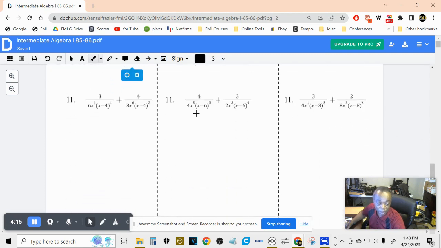All right, number 11. All right, for the LCD, first, my numbers. I have a 6 and a 3. My 6 times tables would go 6, 12, and 18. But 6 is the very first number that aligns in the 3 times tables too. So let's put 6 for the first part of my LCD.